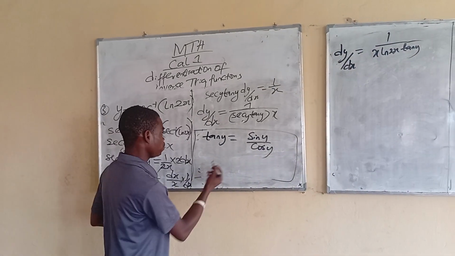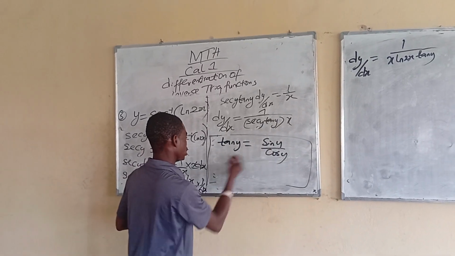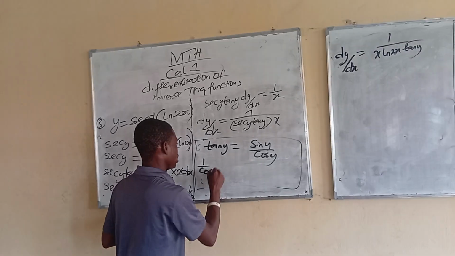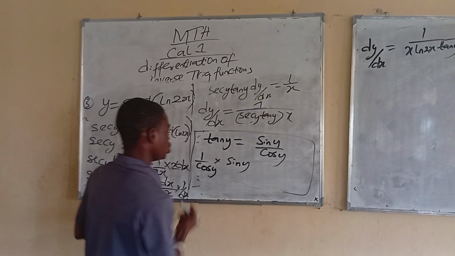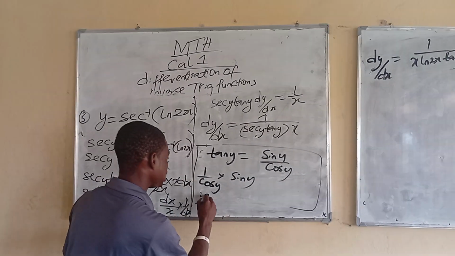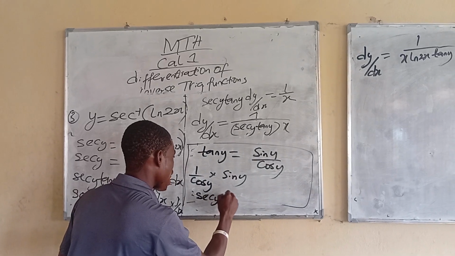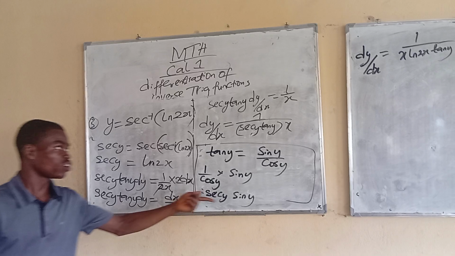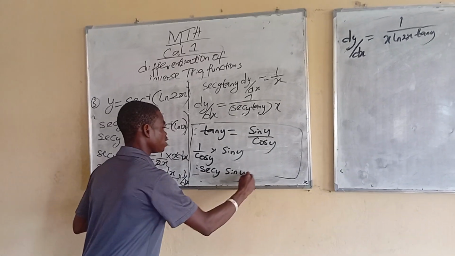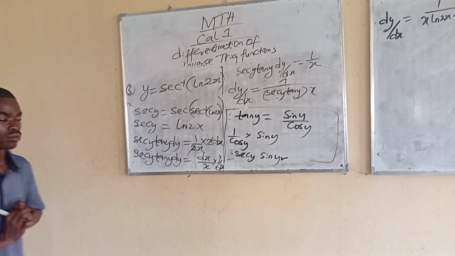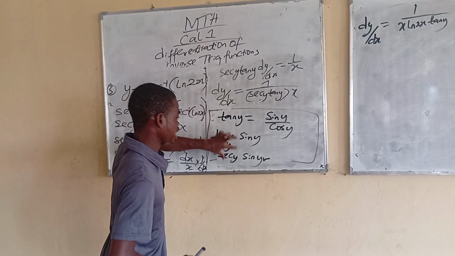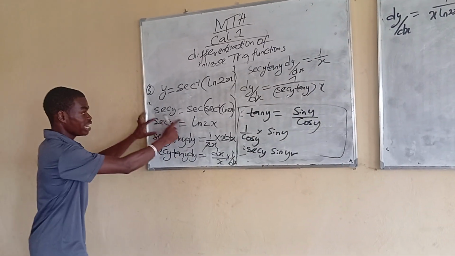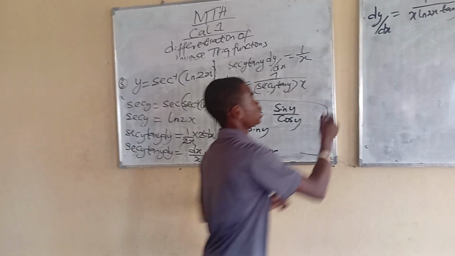So that this is 1 over cos y times sin y. So this will give you what? Sec y sin y. This is another correct expression for this, sin y sec y. So we also have another expression. Sec y sin y. Sec y is what? ln 2x.